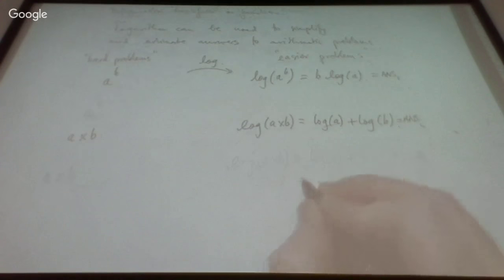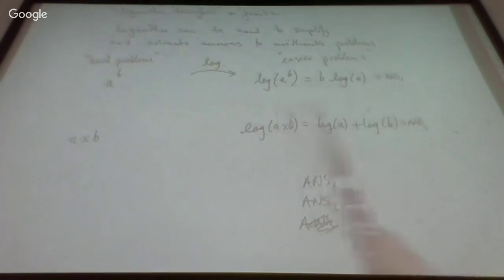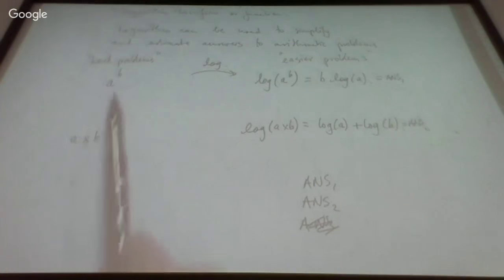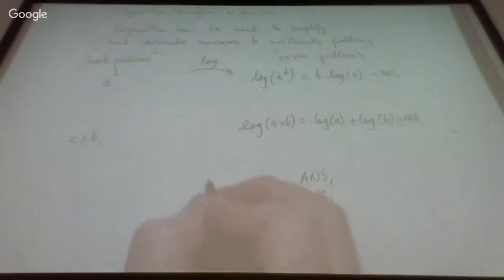So we got these two answers, answer 1 and answer 2. What do we do with them? Well, we're not so much interested in the solutions to these problems. Really, we want the solutions to these problems. So we want a transformation which goes back the other way.